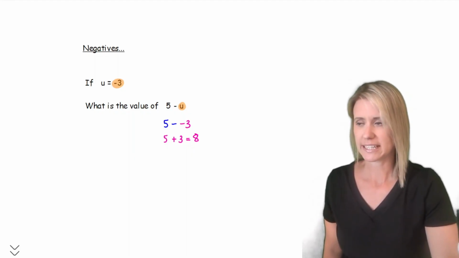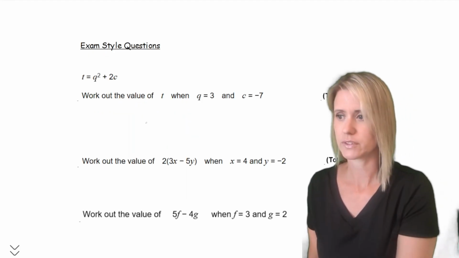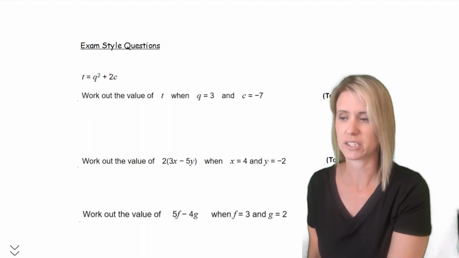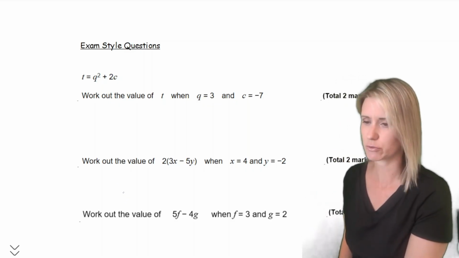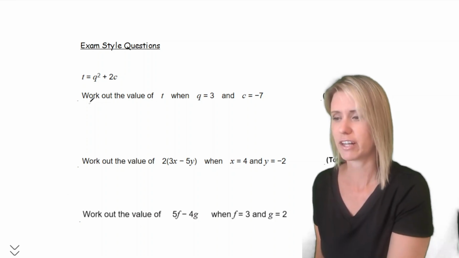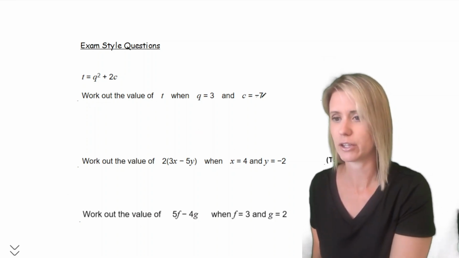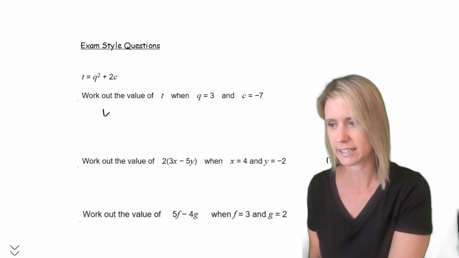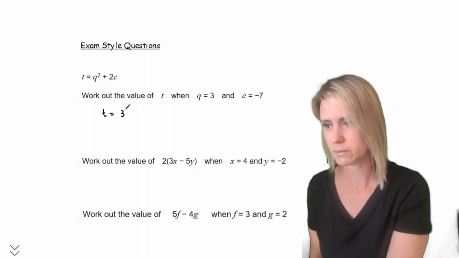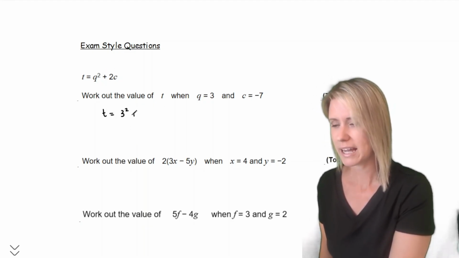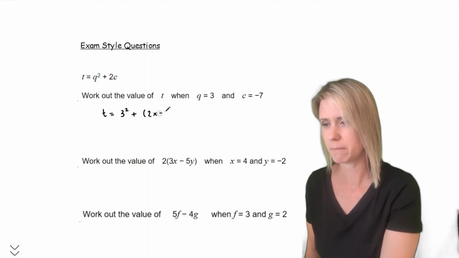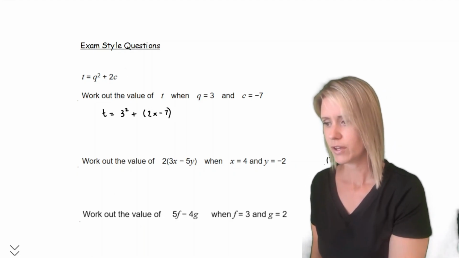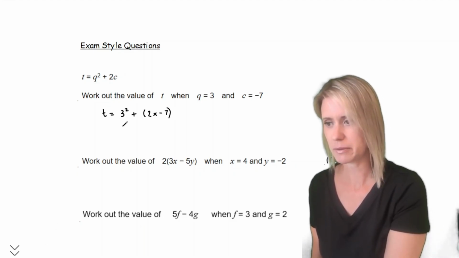Okay, let's go on to the exam style questions then. t equals q squared plus 2 lots of c. Work out the value of t when q is 3 and c is -7. First of all, you write out the question. You show that for your mark. So t is equal to 3 squared, and we're adding on 2 lots of -7, 2 multiplied by -7. 3 squared means 3 times 3, which is 9.